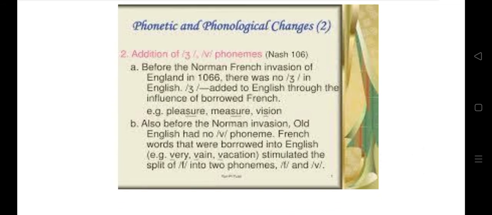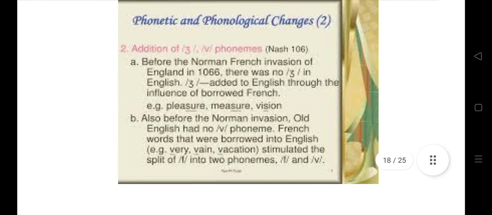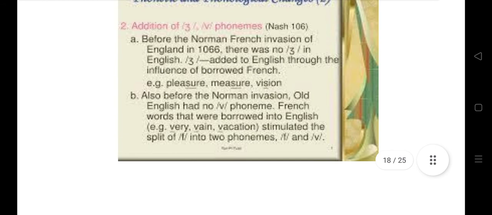The addition of the j and v phonemes. Before the Norman invasion, Old English had no v phoneme, and French words that were borrowed into English, for example very, van, vacation, simulated the split of f into two phonemes, that is f and v.